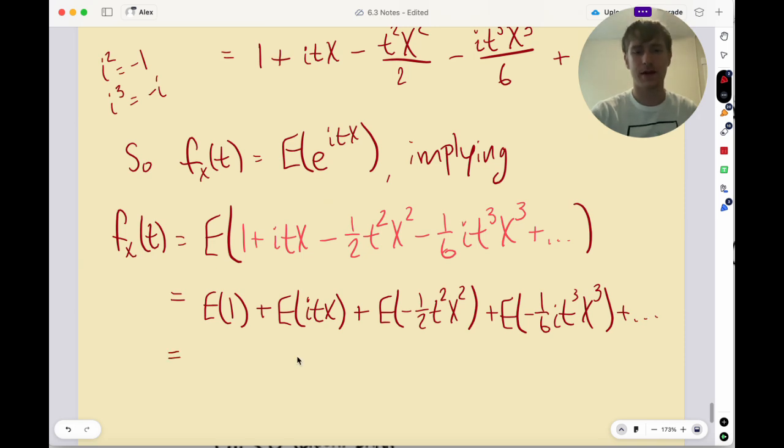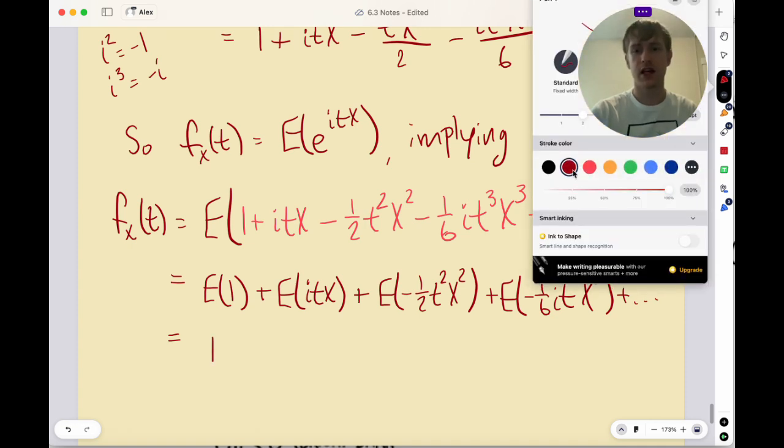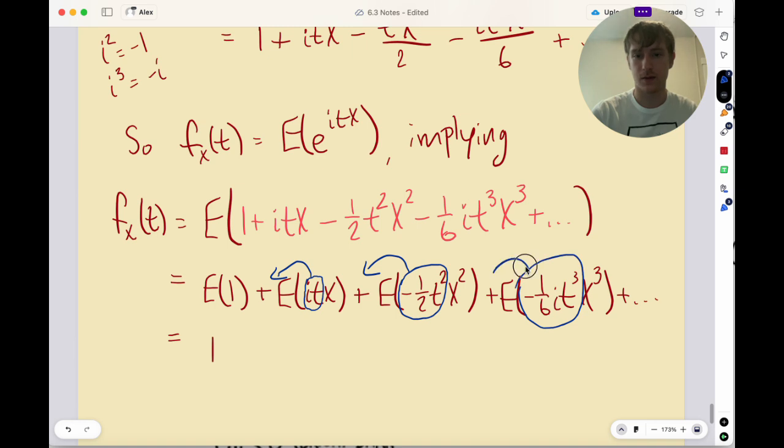Let's actually figure out what this is. Well, the expected value of a constant is just that constant. And from these other ones, keep in mind that we can pull out everything that's not related to X, because everything not related to X is a constant. So we can pull the i and the t out. Here we can pull all of this out, and same for that.